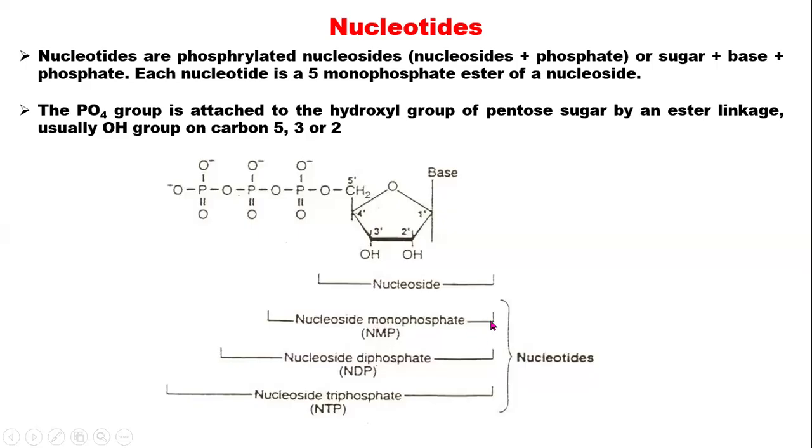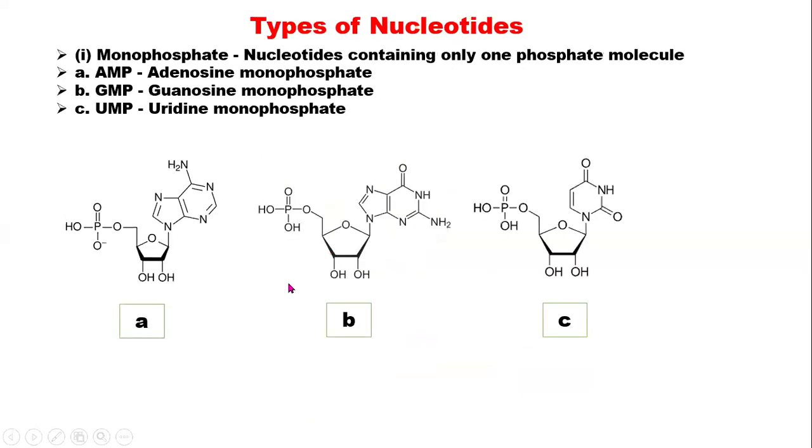All of these are nucleotides. Now, let's look at the types of nucleotides that we have. Number one, we have monophosphate nucleotides. These are nucleotides containing only one phosphate molecule.